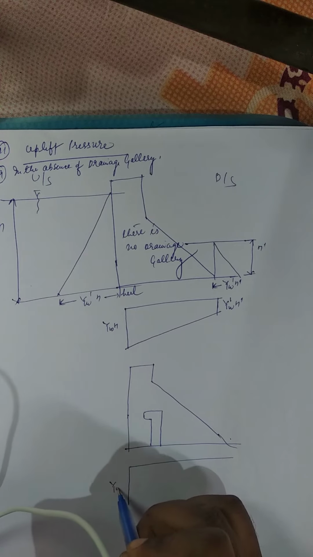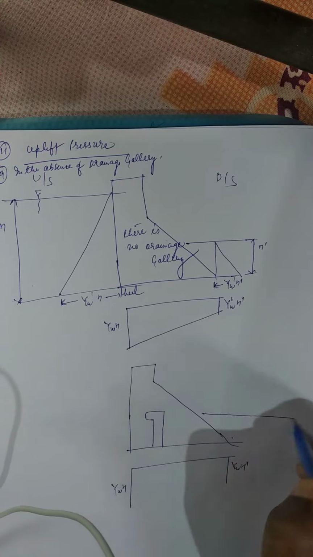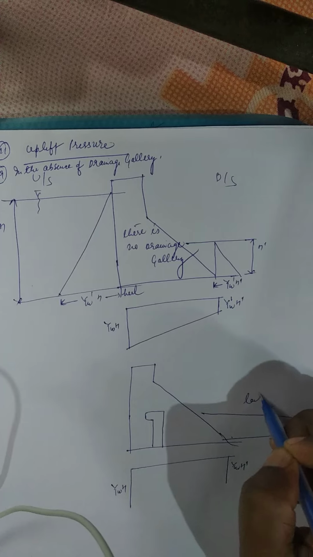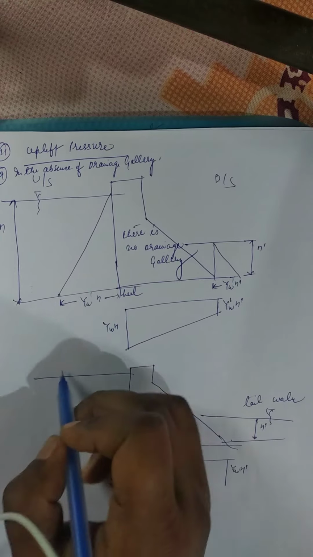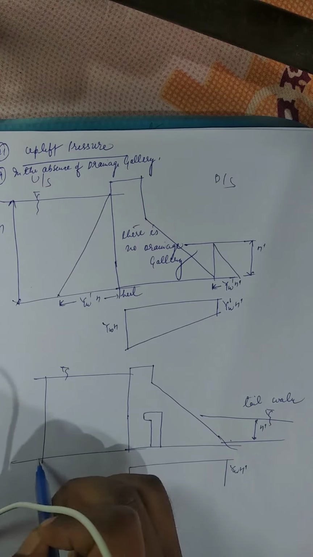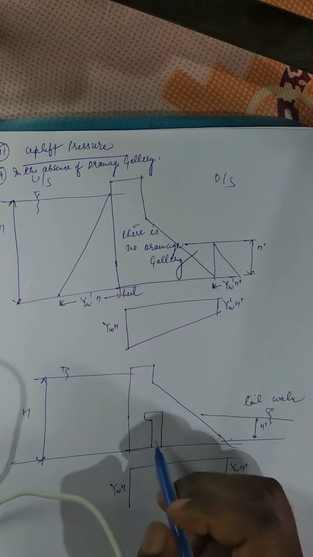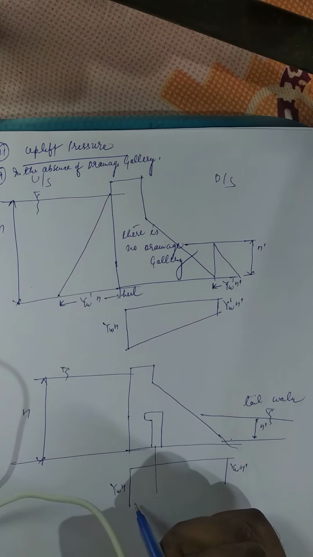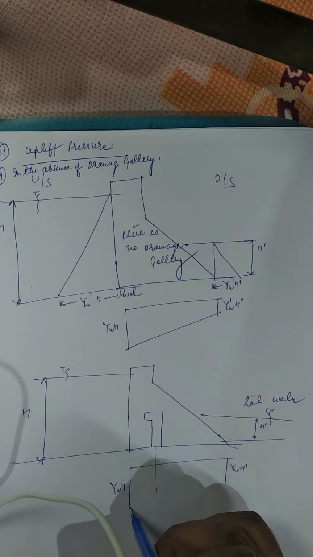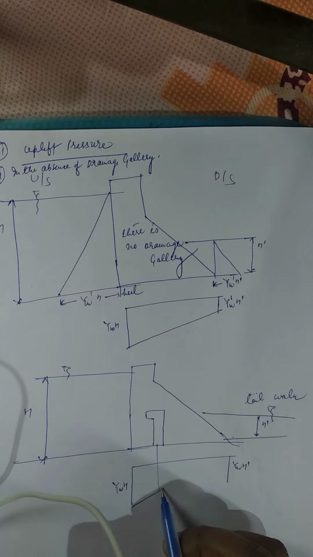Here this is equal to gamma W into h, here this is equal to gamma W into h dash, this is h dash, tail water, and the pressure variation will be like this. This will not be exactly linear. Up to the drainage gallery, it will be like this, and from the drainage gallery up to the toe, the variation will be like this.